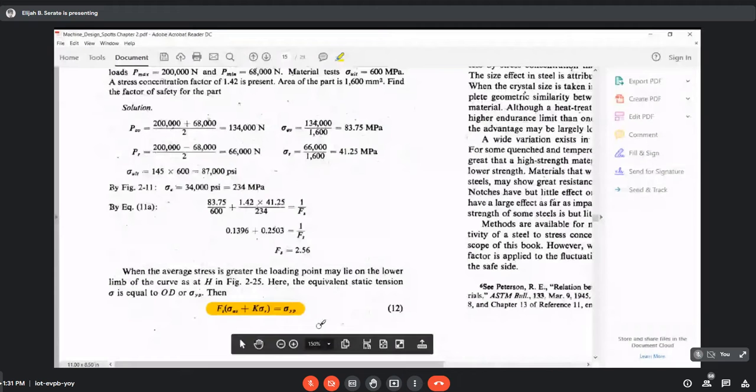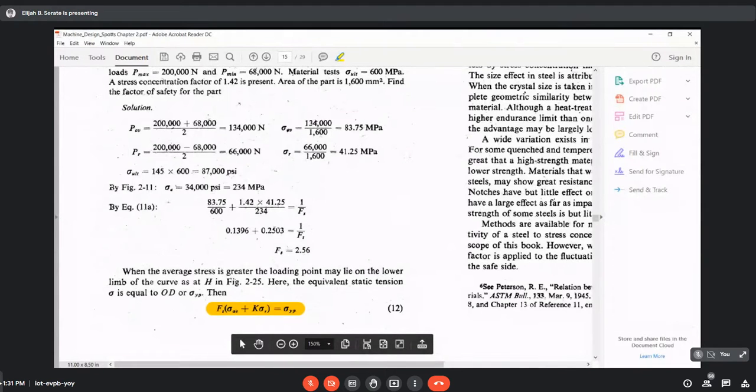So the factor of safety is being factored out, and then you have average plus K range stress is equals to yield point. Muna iyang formula nga gihatag sa PDF file.